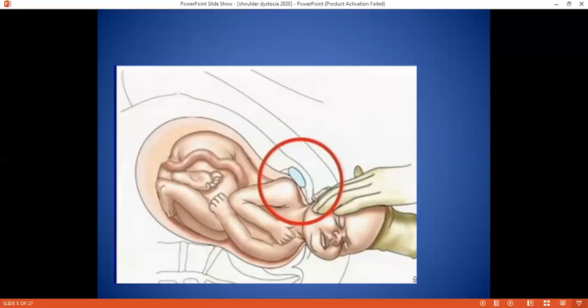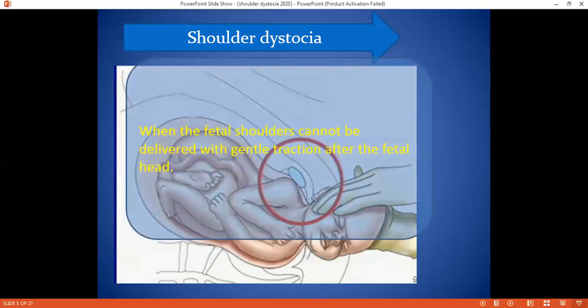Whereas in shoulder dystocia, after delivery of the head, you will need to exert excess traction on the fetal head because the anterior shoulder is impacted behind the pubic bone. So when the fetal shoulders cannot be delivered with gentle traction, you should not exert excessive force because this will cause trauma to the fetus.